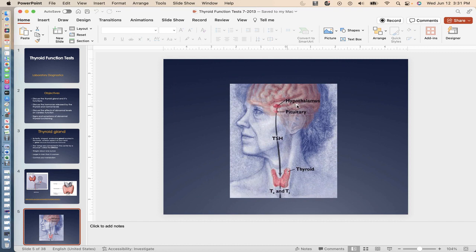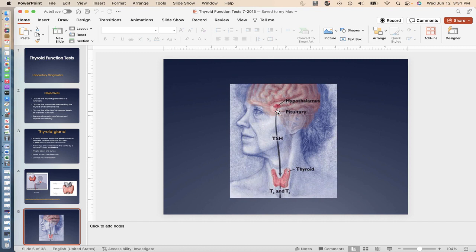So we discussed this one time before when I went over endocrine with you. So the hypothalamus is what detects what's going on in the gland itself. It knows blood levels, it knows everything that's going on. And then when you look down here, you'll see there's the pituitary. So if we recall, the anterior pituitary holds everything.